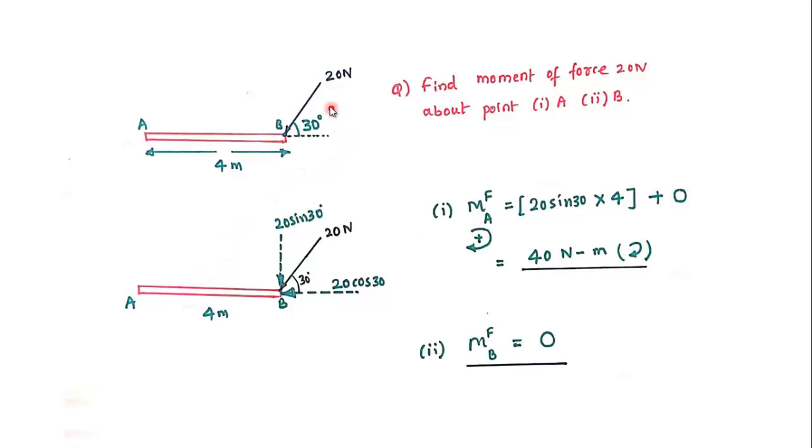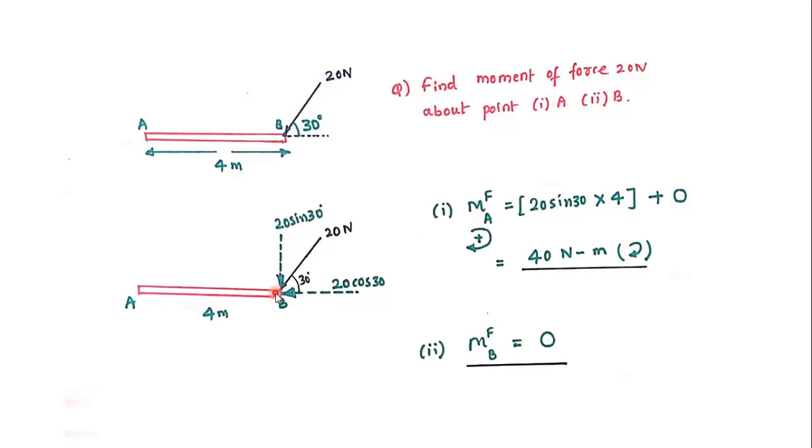In this question, since we don't have the perpendicular distance, we first check whether we know the perpendicular distance or not. We don't have it, so this 20 Newton force is split into vertical and horizontal components, and this is easy.